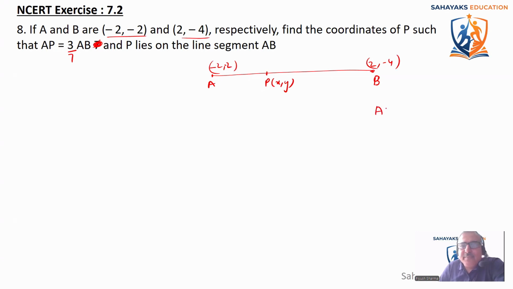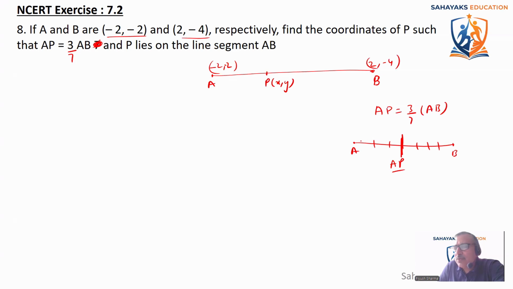What does it mean? If I divide AB into 7 parts, from A to B, 1, 2, 3, 4, 5, 6, 7, there are 7 parts. The third part is AP. This is the simple meaning, isn't it?